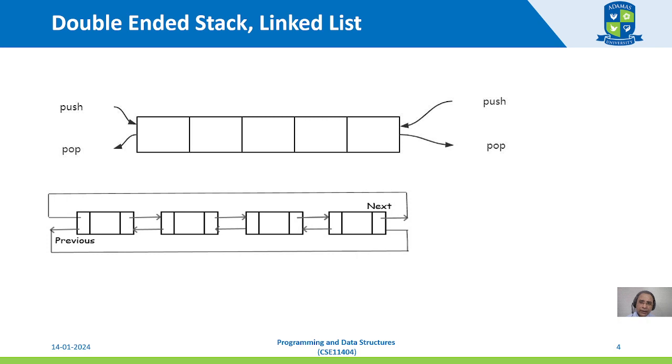To implement the double-ended linked list, we have to consider 2 address parts, or if we want to implement a singly linked list, then we need only 1 address part.